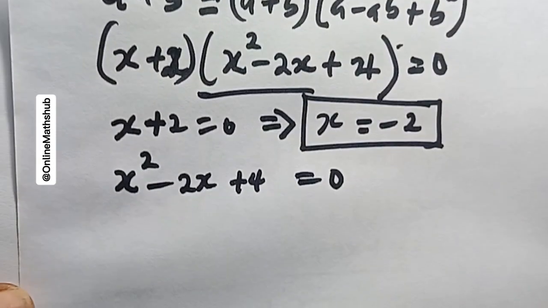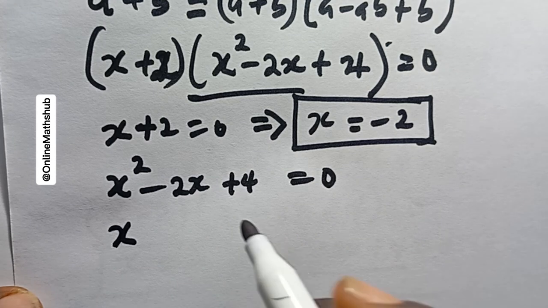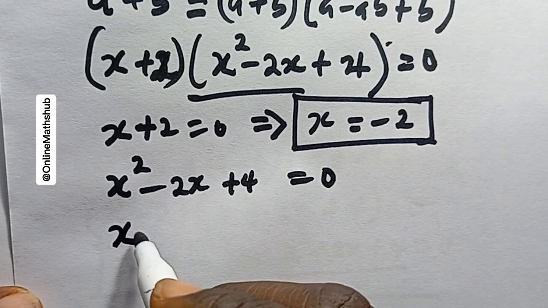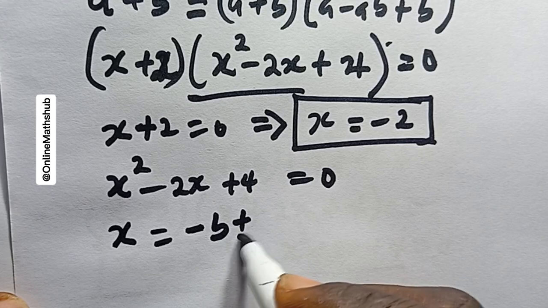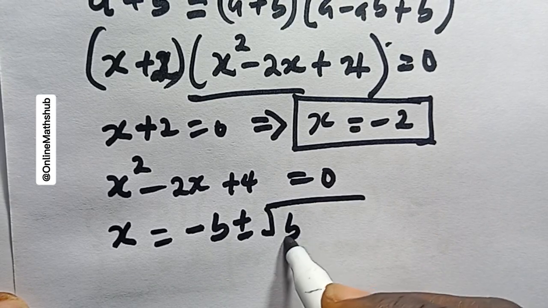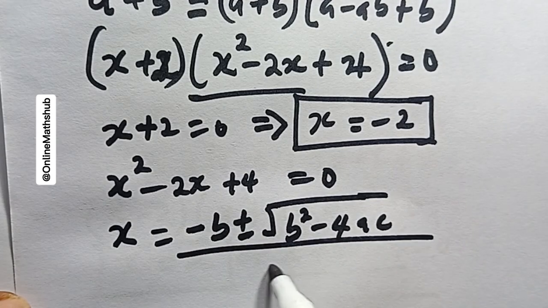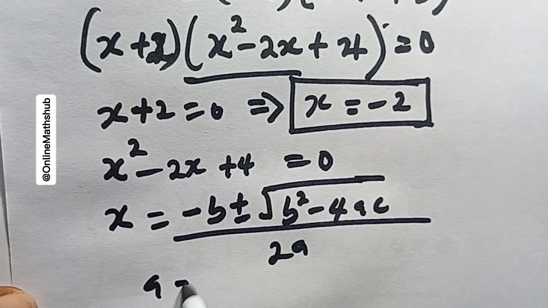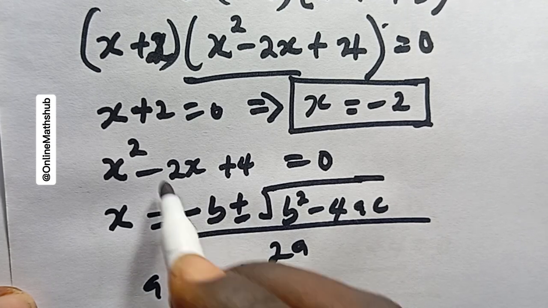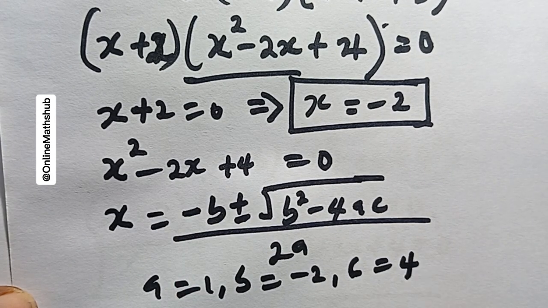To solve this quadratic equation, we utilize the general formula method. So x will be equal to minus b plus or minus root b squared minus 4ac, all divided by 2a. In this case, a is equal to 1, b is equal to minus 2, and c is equal to 4.